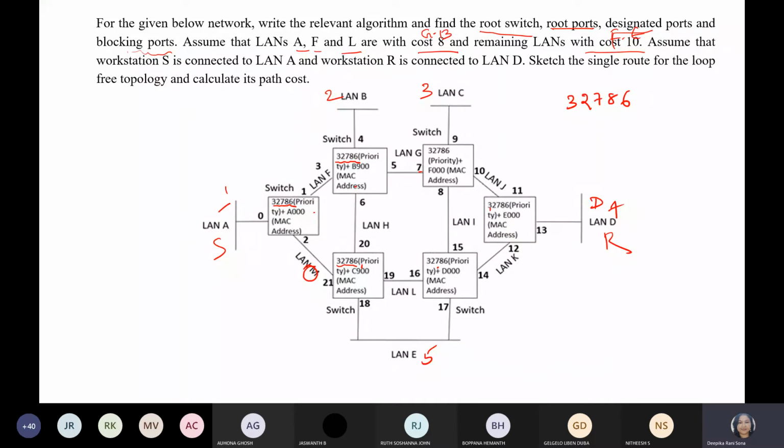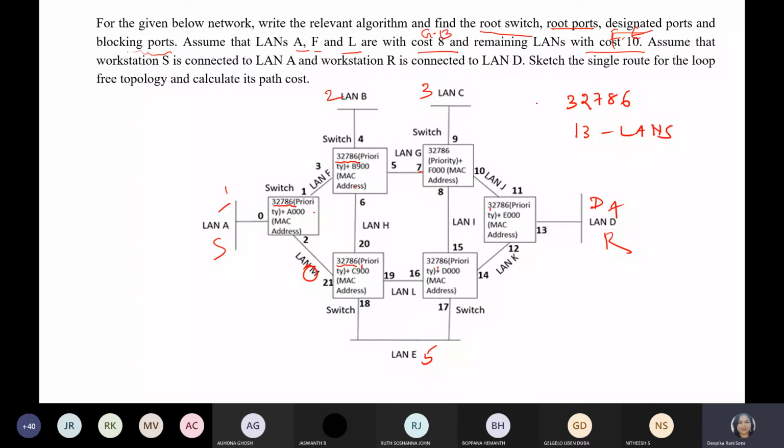Is it correct? 11 or 13? 13, ma'am. Yes, 13 LANs are there. 13 LANs. Okay, so you have to first identify all these things.